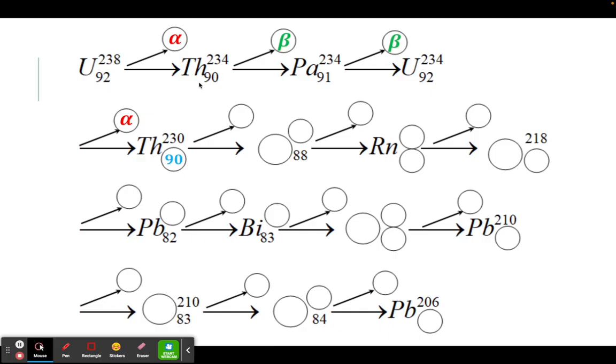Just keep in mind that this symbol here is alpha, and this symbol here is beta. So fill in the appropriate symbols, fill in the missing numbers, and fill in what's missing for the element. Go ahead and pause the video, and then unpause the video, and you'll see what the answer is.